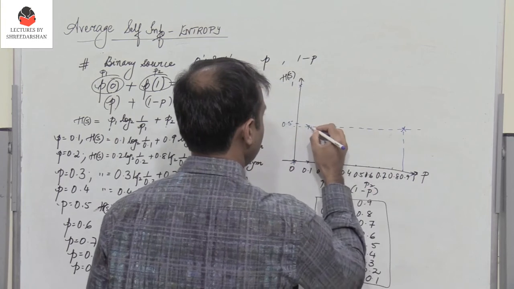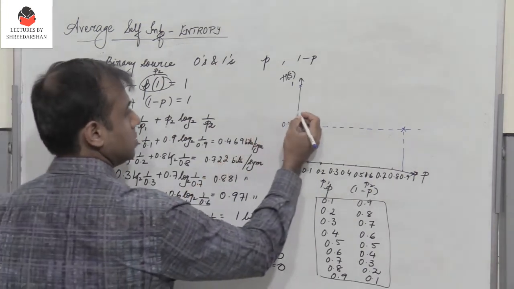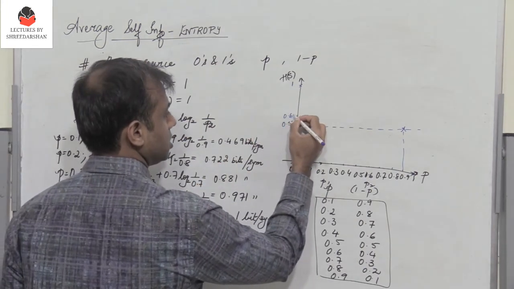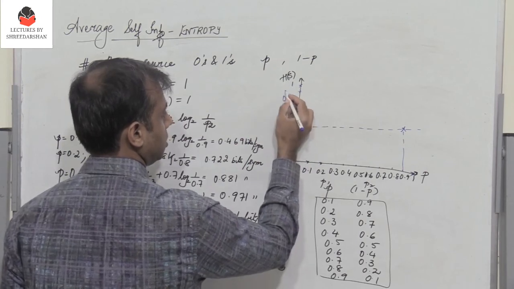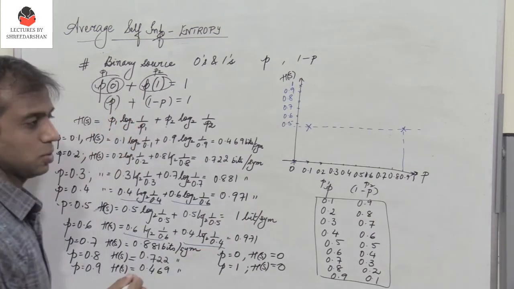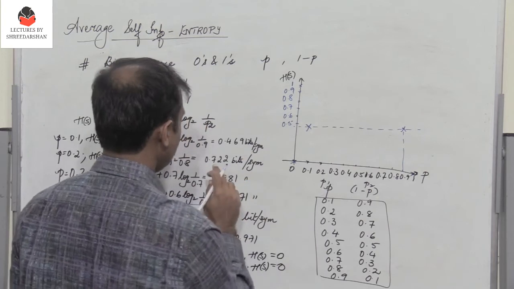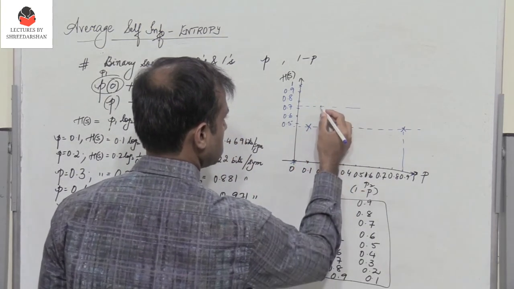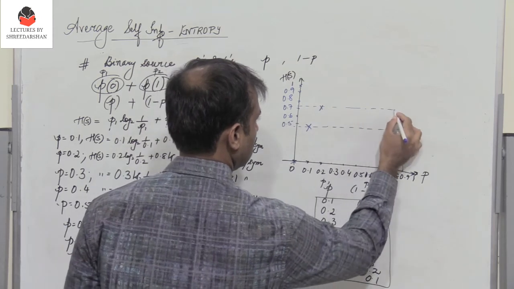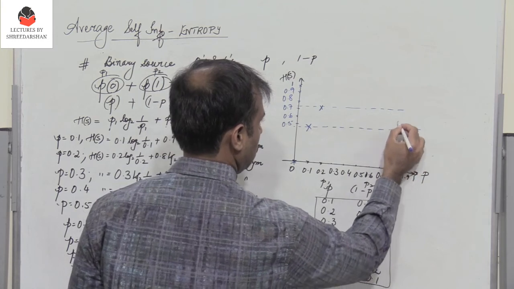Next, for P equal to 0.2, I get 0.722. Let me mark the values: 0.6, 0.7, 0.8, 0.9. Of course, this is not to scale. So 0.2 gives 0.722, just above 0.7. I get the value here, and again a value here for 0.8.